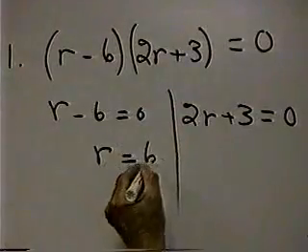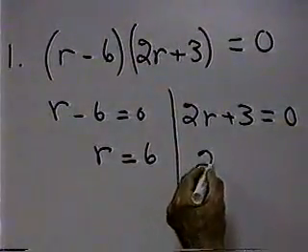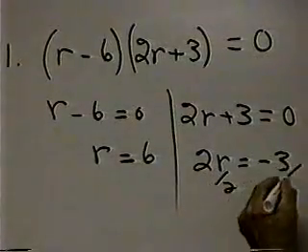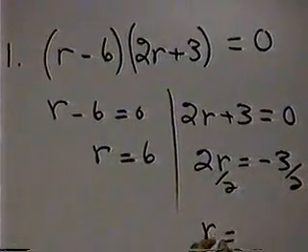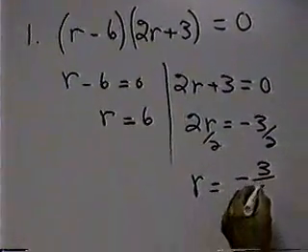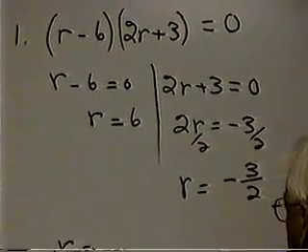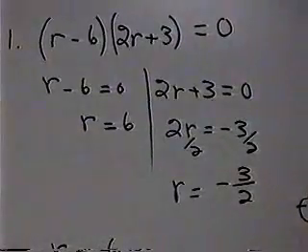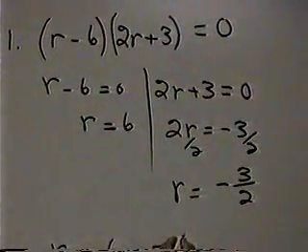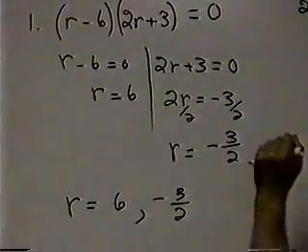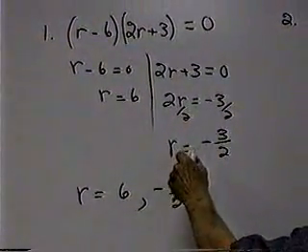So r is equal to 6, moving the 3 across, and then dividing both sides by 2, we get r is minus 3/2. So the final answer should be written r is equal to 6 or r is minus 3/2. In other words, to make that problem work, r could be 6.